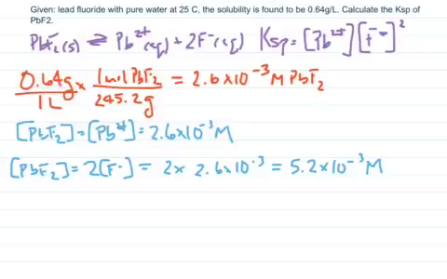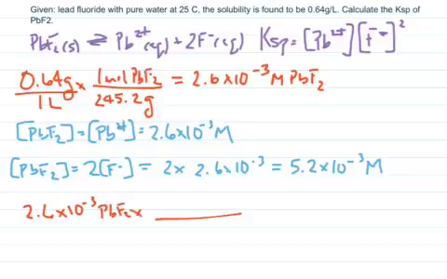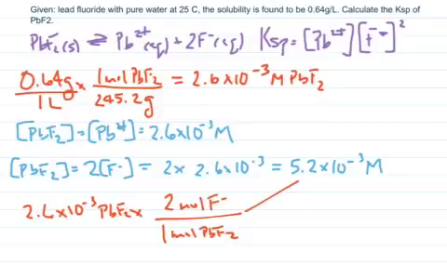So when you have the 2.6 times 10 to the minus 3 of PbF2, you have 1 mole of PbF2 for every 2 moles of fluoride ion. So that's how we get the 5.2 times 10 to the minus 3.